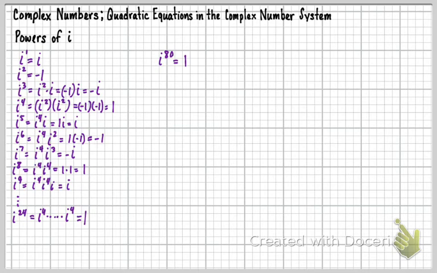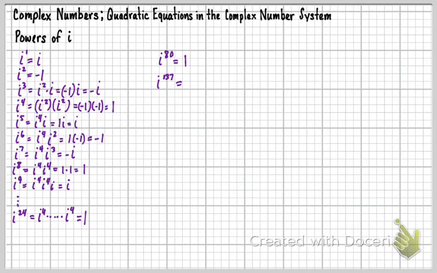So let's go to i to the 137th. For something like this, I've got to find out how many 4s go into 137. I could do that by just taking 137 and dividing it by 4. And really what it gives me is 34.25.